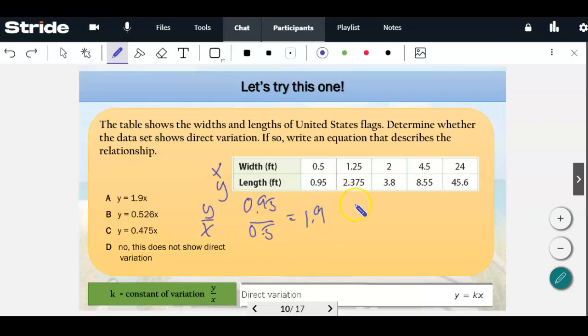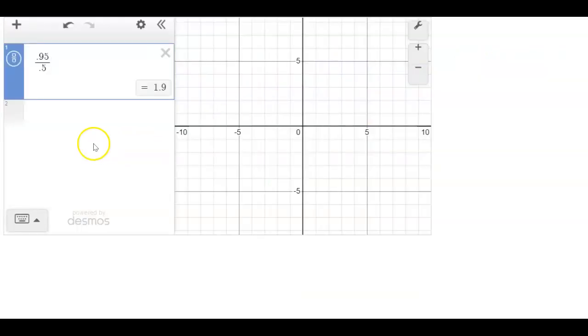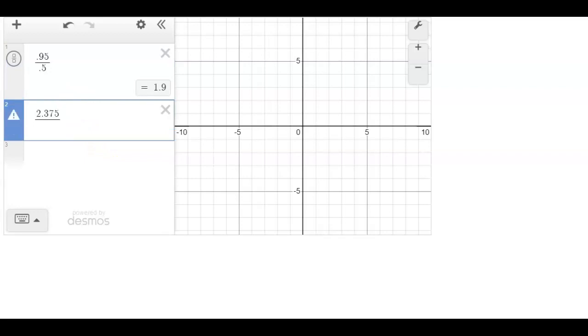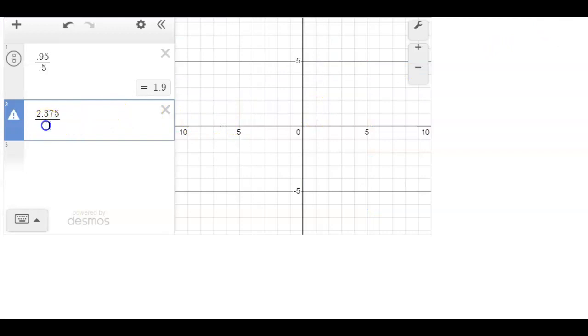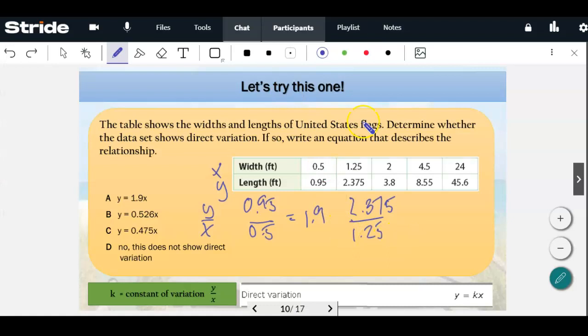And so the next one, you're going to do 2.375 over 1.25, and it's 1.9. So if you check all of these, they're all going to come out to 1.9. So it is a direct variation.